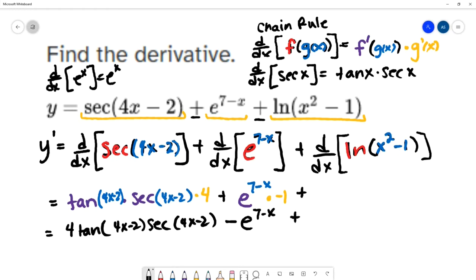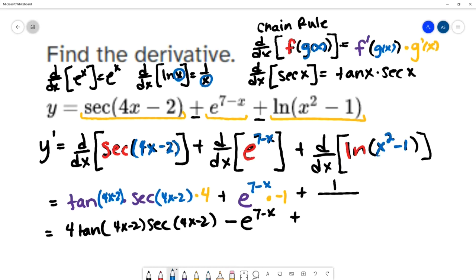So we'll do the next term. For the next term, our outside function is natural log. So we need to think of the rule for natural log. The derivative of natural log x is 1 over x. So for our derivative of natural log of x squared minus 1, we're going to do 1 over, and this x is the inside.